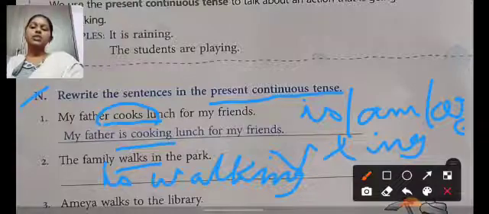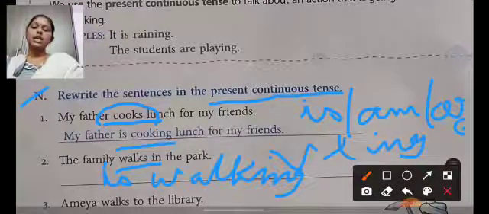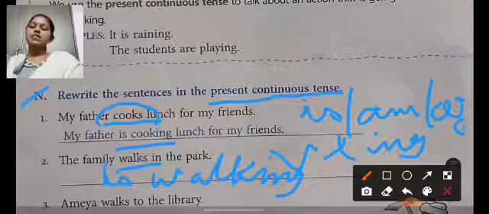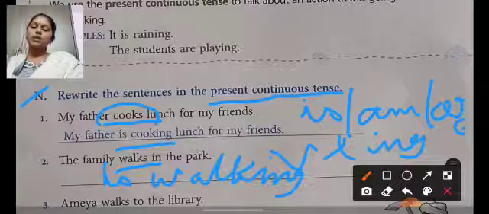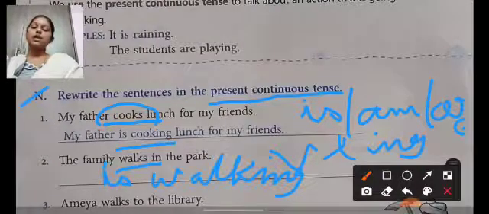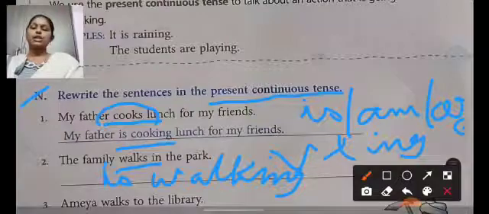So present tense cooks, present continuous is cooking. My family walks in the park, simple present tense. My family is walking in the park, present continuous. Okay, Amaya walks to the library, simple present tense. Amaya is walking to the library is present continuous tense.